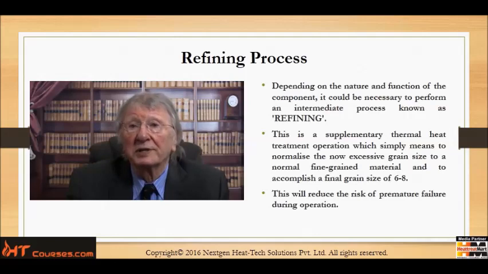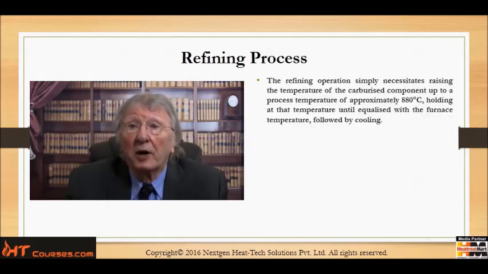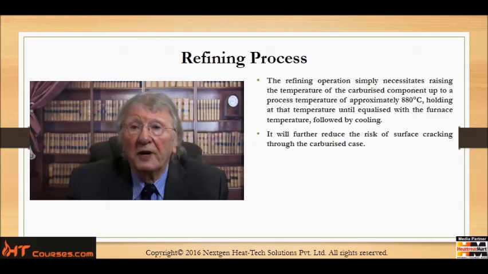This will reduce the risk of premature failure during operation. The refining operation simply necessitates raising the temperature of the carburized component up to a process temperature of approximately 880 degrees centigrade, holding at that temperature until equalization with the furnace temperature has occurred, and this is simply followed by cooling. It will further reduce the risk of surface cracking through the carburized case.